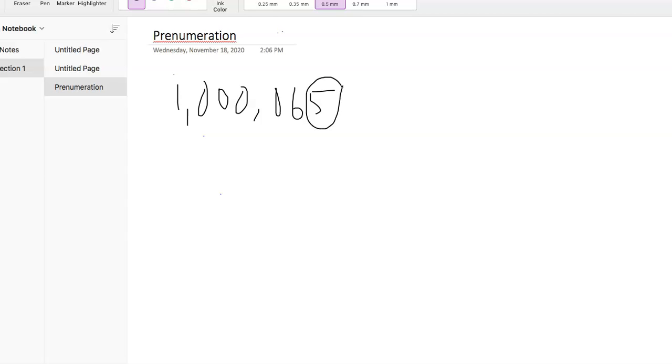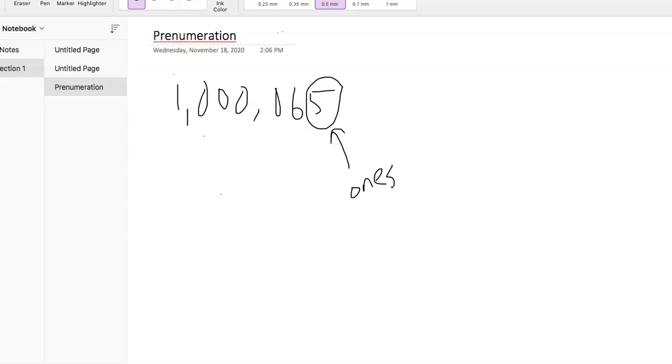So they want to know what that is. Moving right to left, we go ones, tens, hundreds, thousands. Right there, that's the ones place, and that's going to be your answer here.